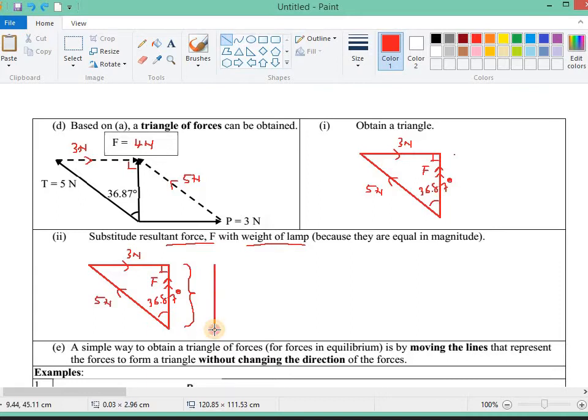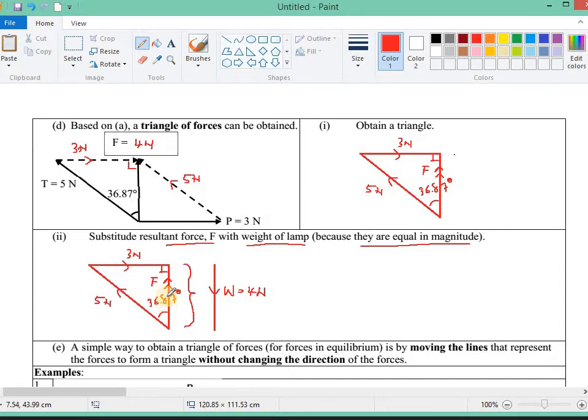Weight is going downward, it is 4 Newton. So why is it that we can substitute this with weight? The reason is because they are equal in magnitude. Remember the concept of the parallelogram is that the length of the line represents the magnitude of the force. For example, 1 centimeter represents 1 Newton. So if 4 Newton, then the length of the line is 4 centimeter.